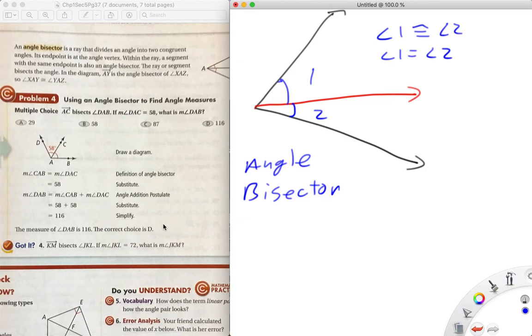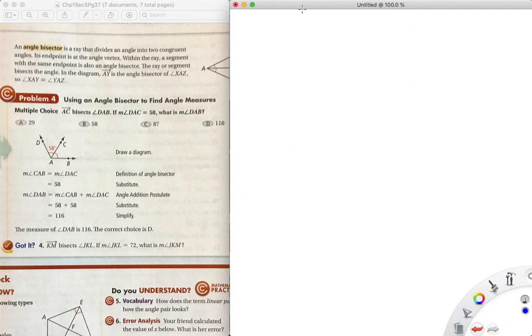So for got it number 4, they tell me that ray KM bisects angle JKL. So I have this angle JKL.